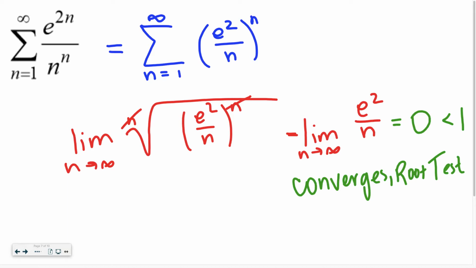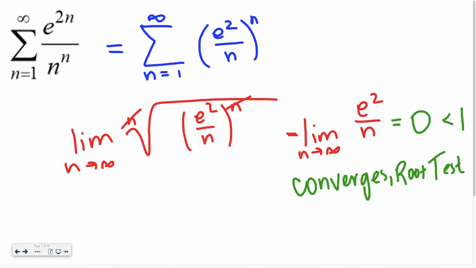Could you also use the direct comparison test with a geometric series? Like if you compared it to 0.99 to the n, then that would be less than it for everything where n's greater than, like, 8.